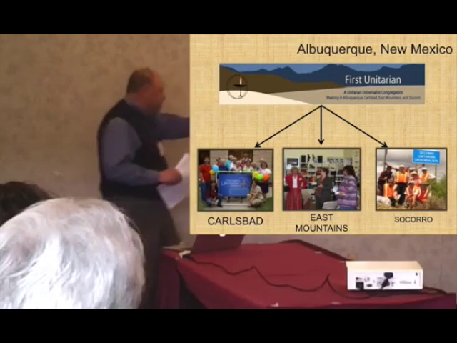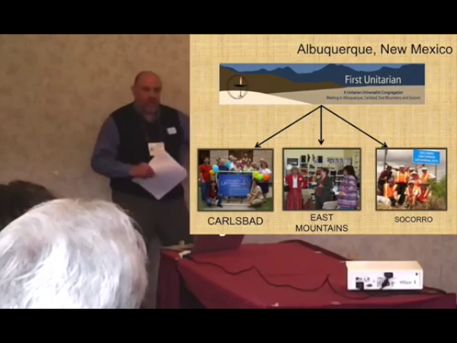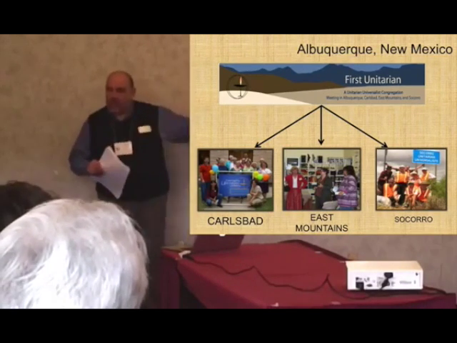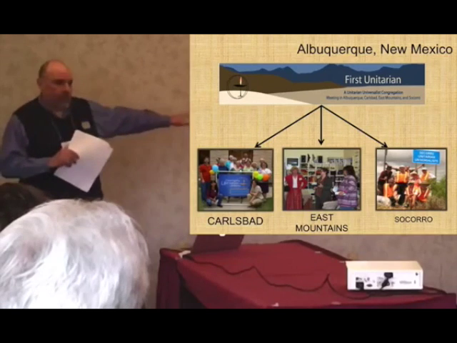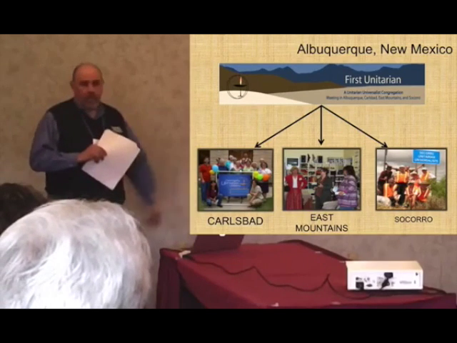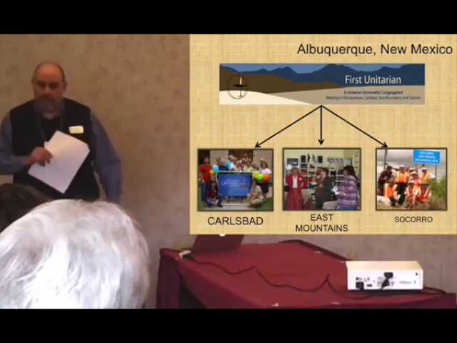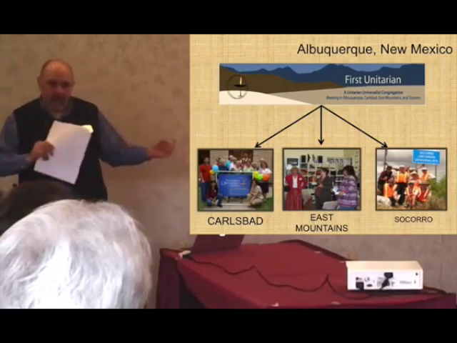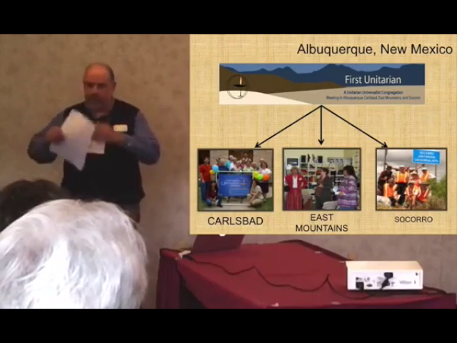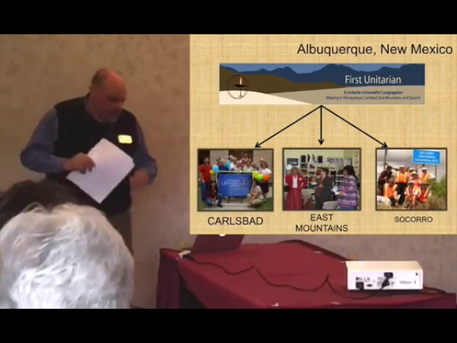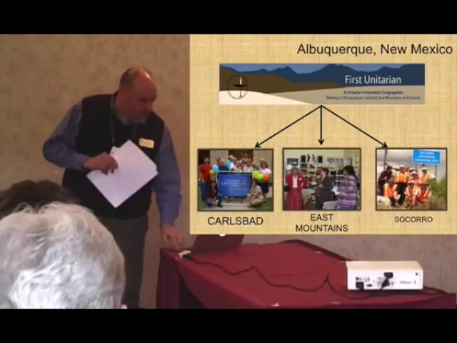So otherwise, these people would not have access to a spiritual community, but primarily electronically, they were able to connect with the church in Albuquerque. This is also known as a satellite, but we prefer to use the term branch. I think it's a better visualization.